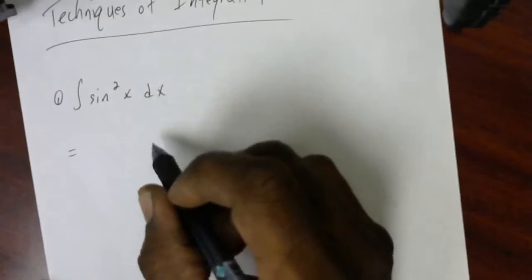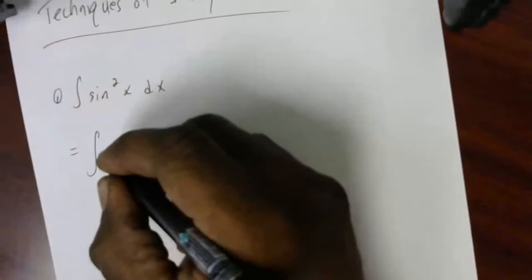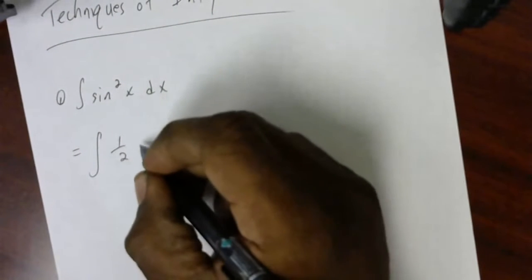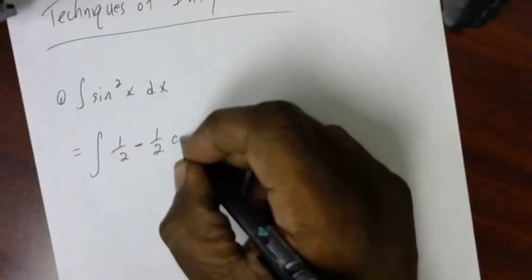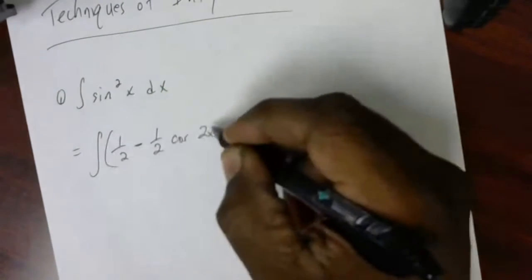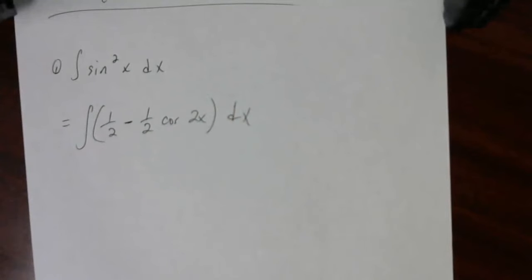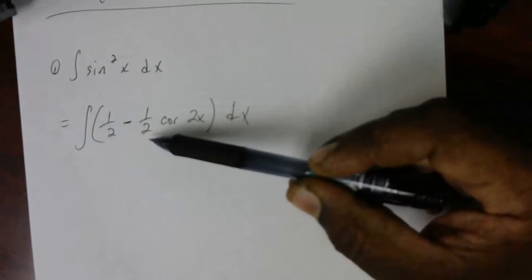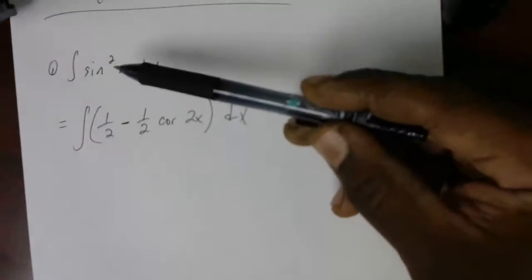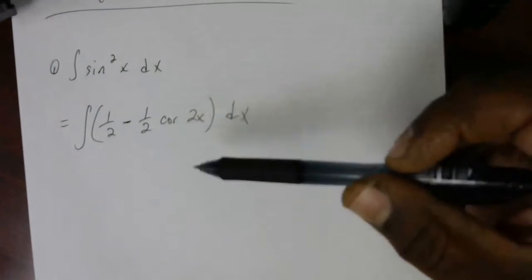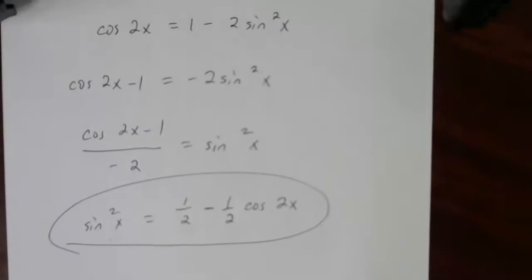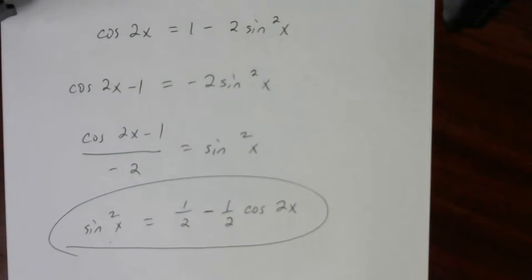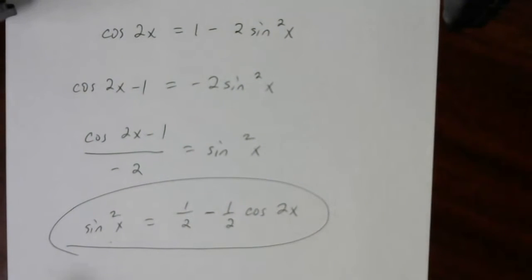So the first thing I'm going to do is rewrite sine squared x dx as the integral of 1/2 minus 1/2 cosine 2x dx. If you're looking at a viewing example, this is where this comes from. In the viewing example, they simply go from this step to this step, but there's an intermediate step, which is that the double angle for cosine has been solved for sine squared.